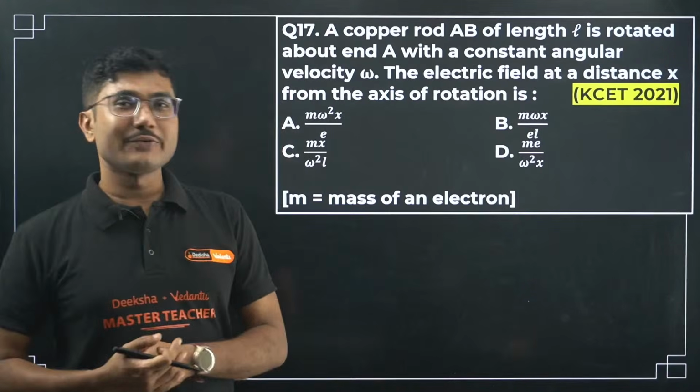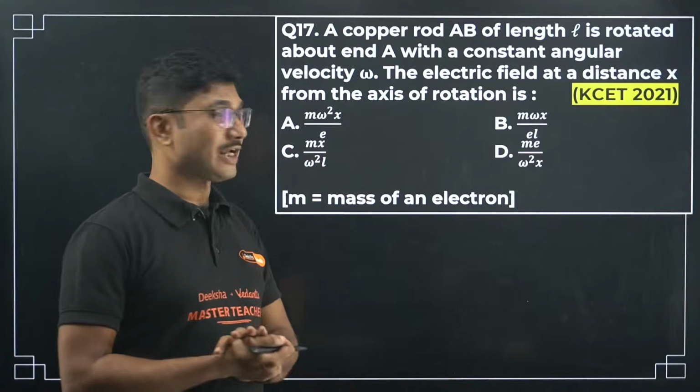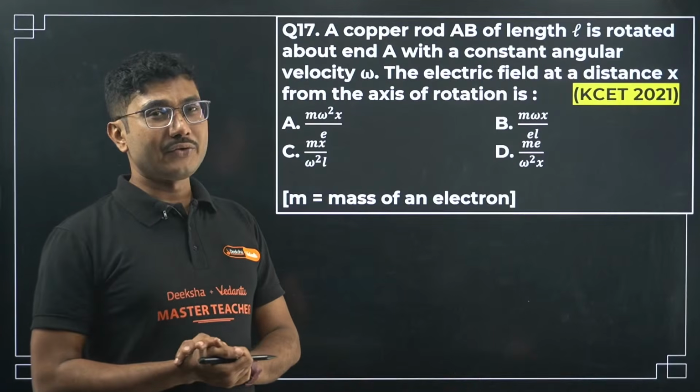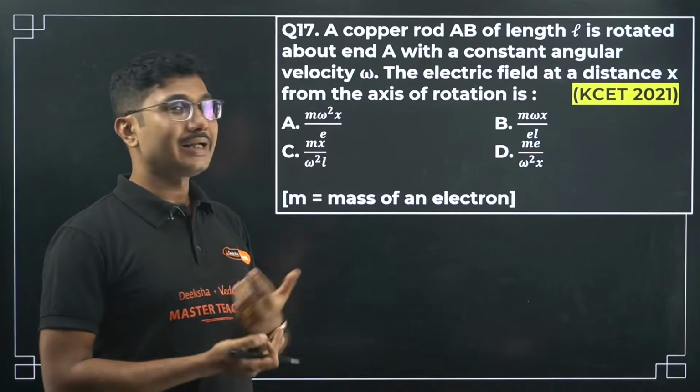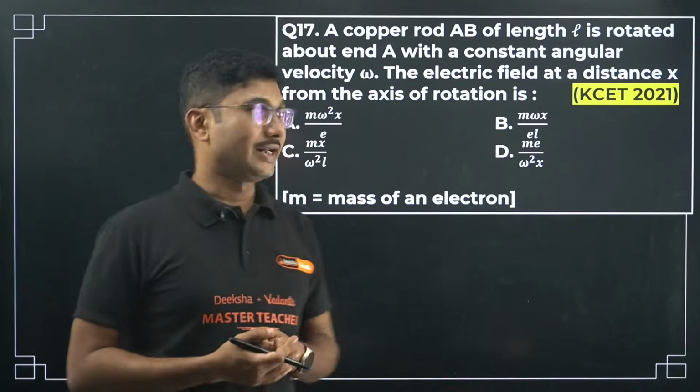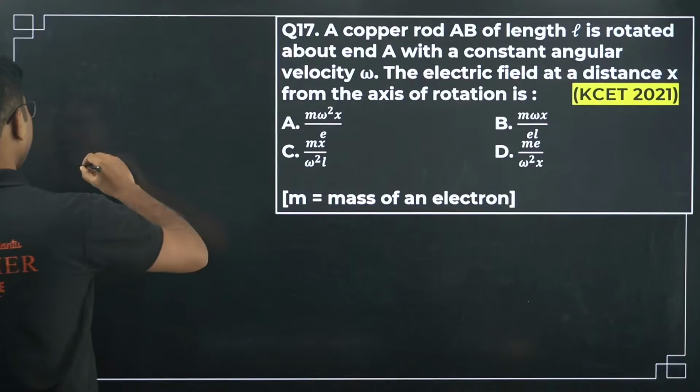If you are seeing this question for the first time, you might be confused, saying the question is about some rotating rod and suddenly they are talking about electric field, so maybe this is the wrong question. Actually it is not. It is a very clever question.